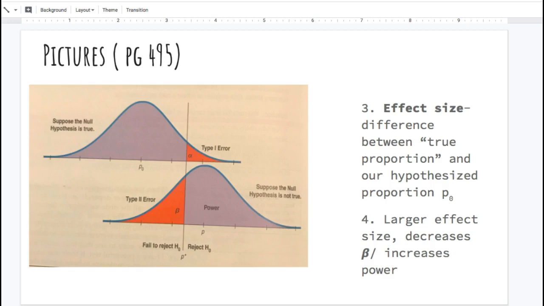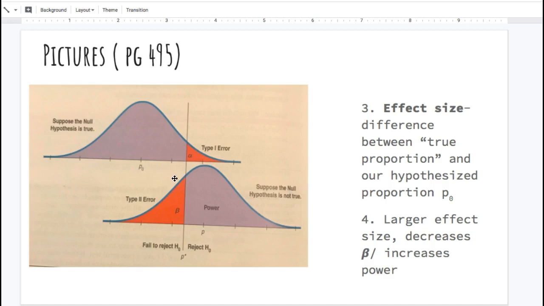Now, the next thing I want you to think about is this definition called effect size. Effect size is the difference between the true proportion, so the truth, and what we think is the proportion, that's this P0 here. The closer together these are, the more spot on our claim for the true proportion is to this P, that's going to be a smaller effect size.